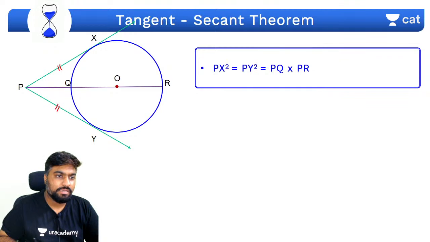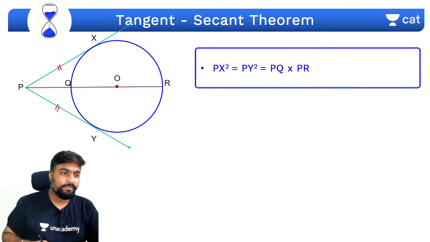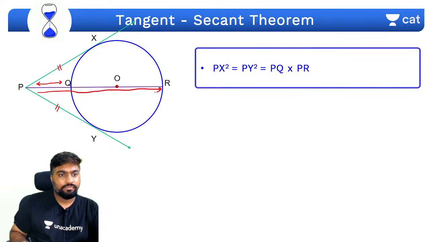PX and PY are equal. So PX square or PY square, the square of the length of the tangent, will always be the product of PQ, that is this, till the circle, and PR, that is the entire length of the secant. Got it?